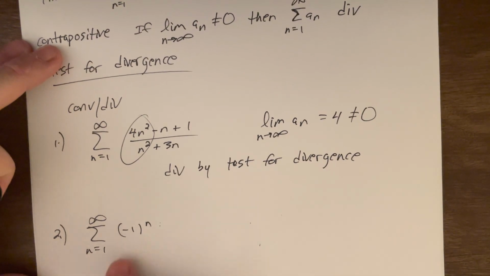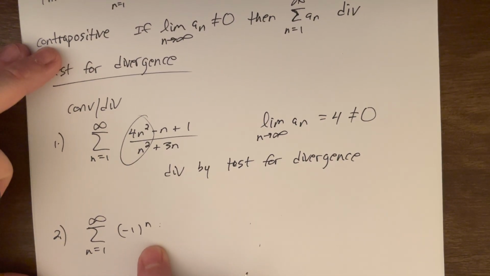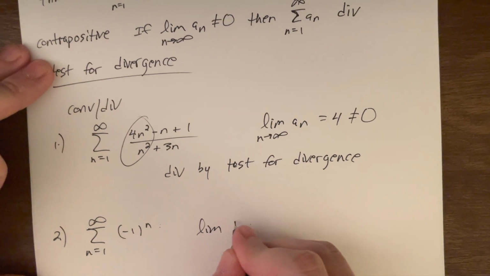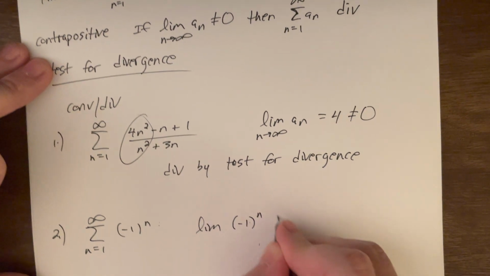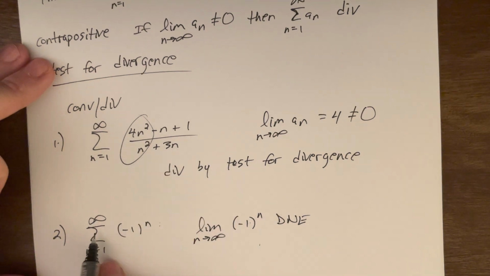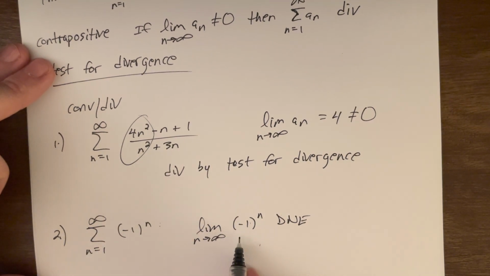Here's one. You could actually play a game with Sn here and get that this diverges, but you could also do the test for divergence. This time, the limit just simply does not exist. See here, I wrote it out. Same thing, you could write an here again.